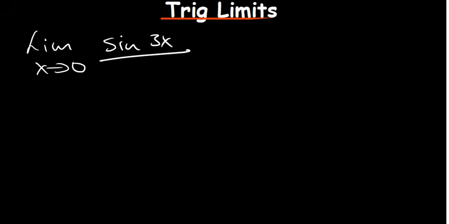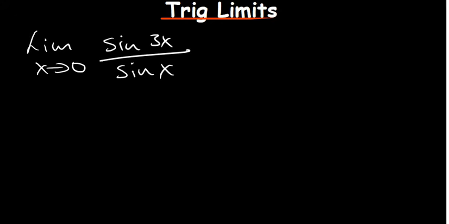Now let's consider a case where we have the limit again as x approaches 0, and this time we have sine 3x. This time we make it interesting: we divide by another sine function.